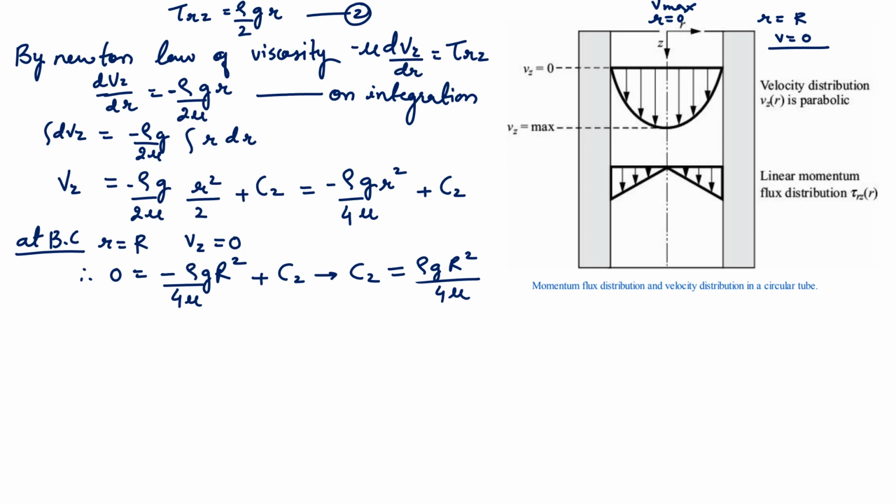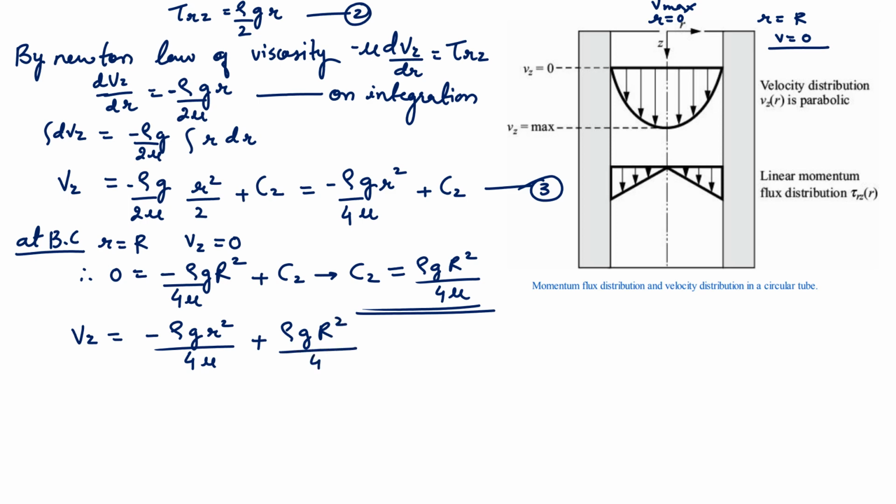Substituting the value of C2 in equation 3, I get Vz equals minus rho g r square upon 4 mu plus rho g capital R square upon 4 mu, which gives me rho g upon 4 mu into (R square minus r square).